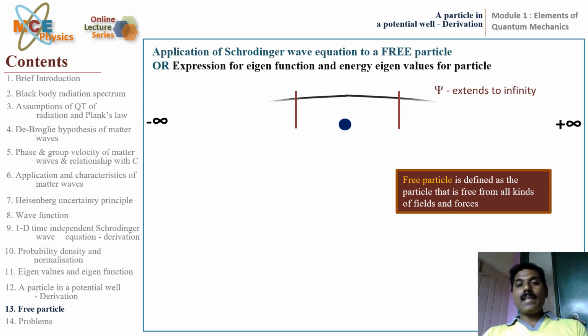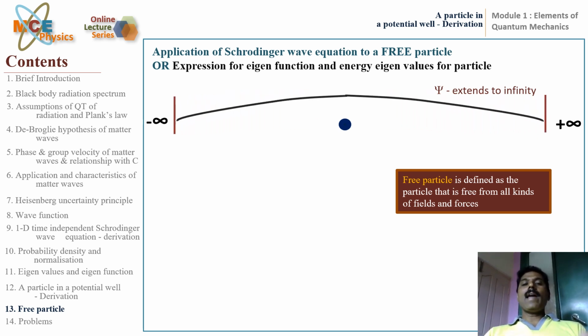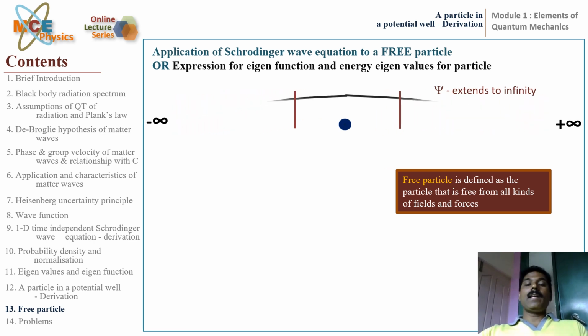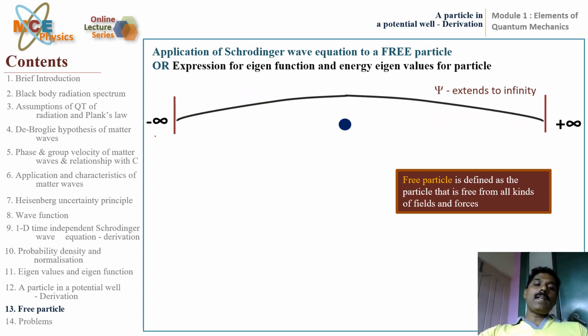If the particle is bound to a physical system, energy values are quantized, and that will have the boundaries also. But the free particle which I am considering now doesn't have the boundaries. Its boundaries extend from minus infinity to plus infinity. That is what is shown in this diagram. I am showing that the particle is having the freedom to move from minus infinity to plus infinity.